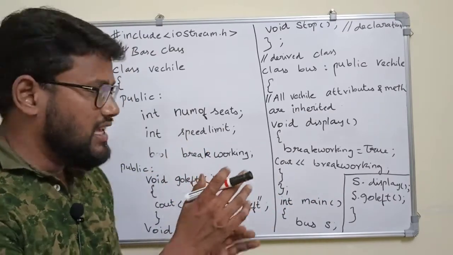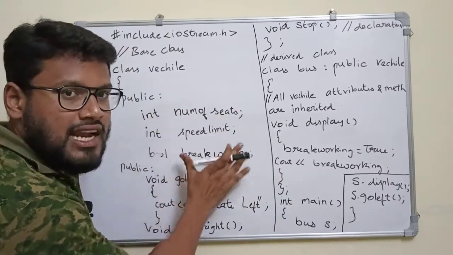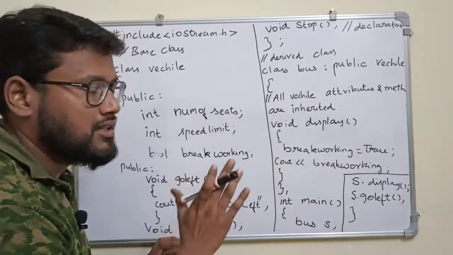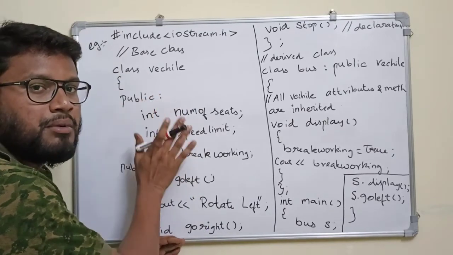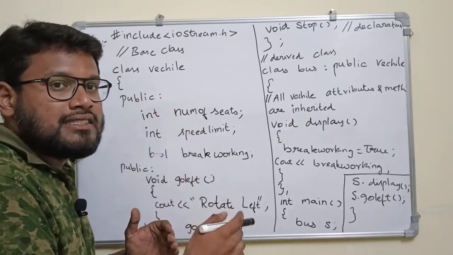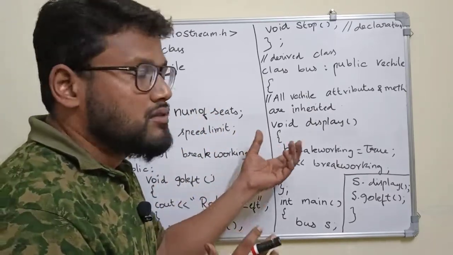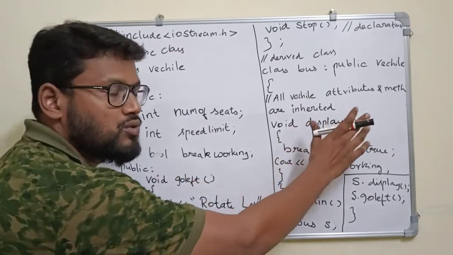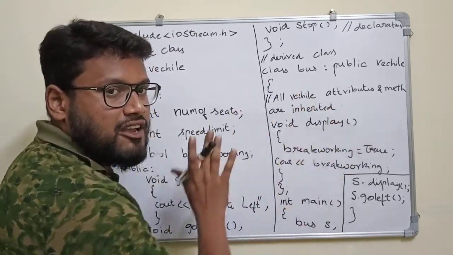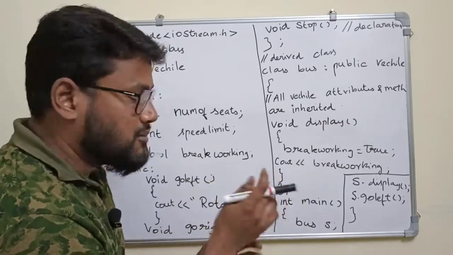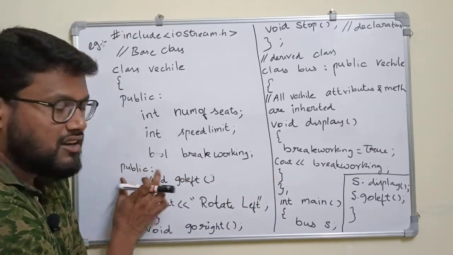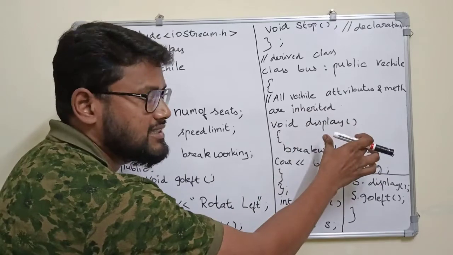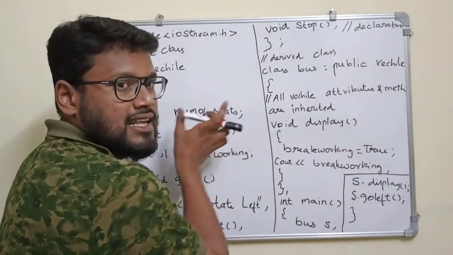If I make this attribute private, I cannot access it in the derived class, because private means we can only access it within its own class. Likewise, if I make this function private, I cannot access it in derived classes. If I make it protected, I can access this function in the derived class because I inherit this class.